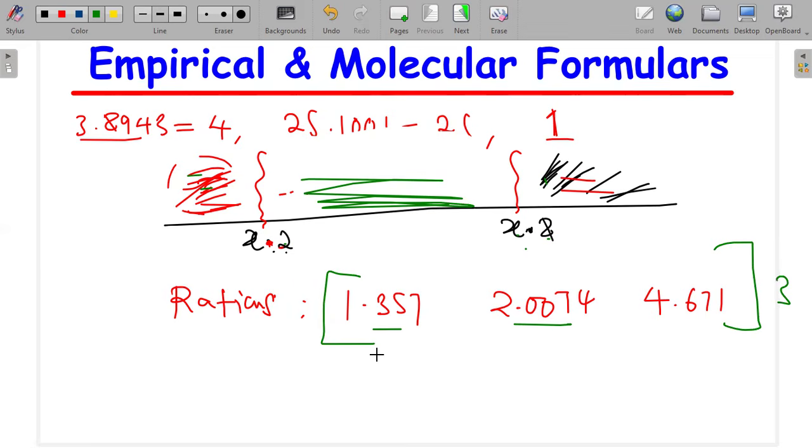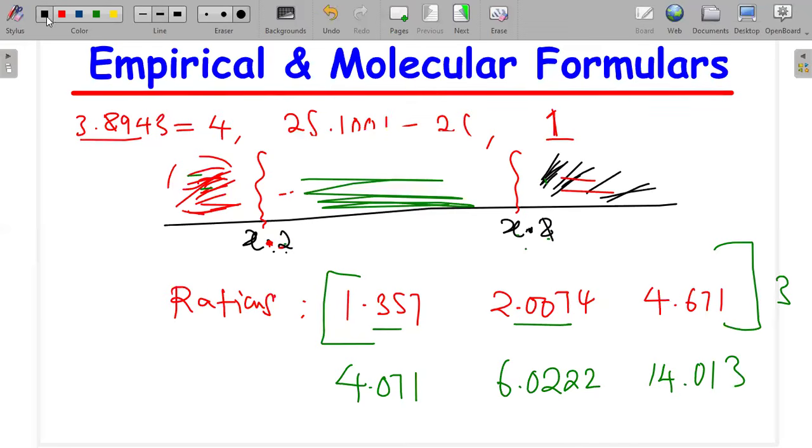So this one becomes 1.357 multiplied by 3. I get 4.071. This one, 2.0074 multiplied by 3, I get 6.022. And then this one, 4.671 multiplied by 3, I get 14.013.